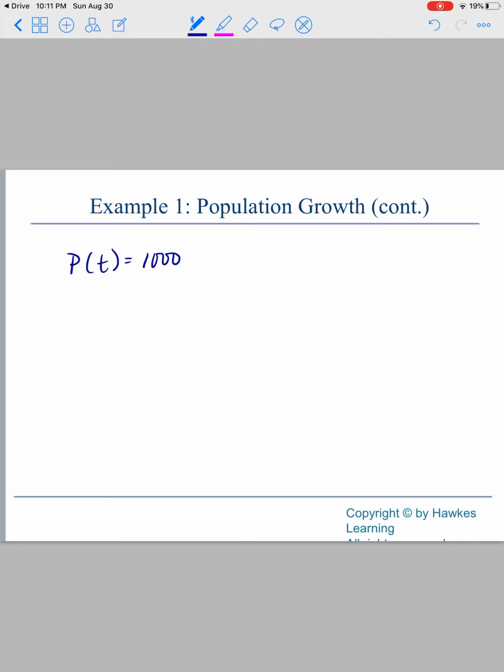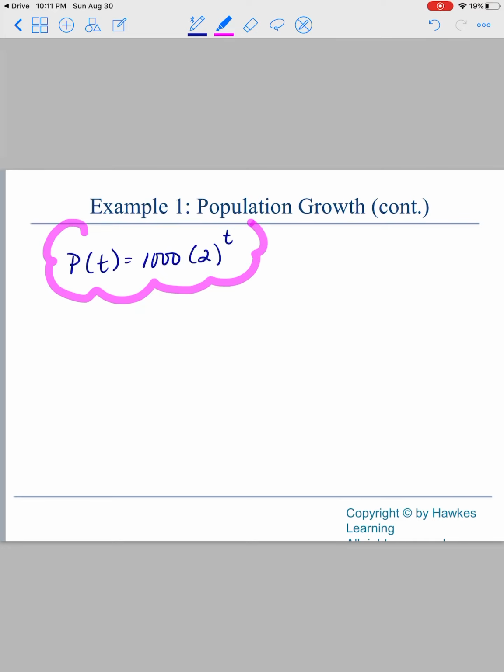And then A stands for how much this thing grew by. Let me go back and read it. It doubled every hour. So that is my growth rate here, so it's going to be times 2 to the T power. I don't know what time I'm looking at. We're going to be able to plug into that in a little bit. So this is my exponential function.